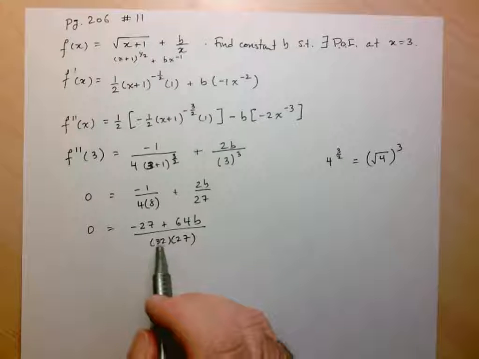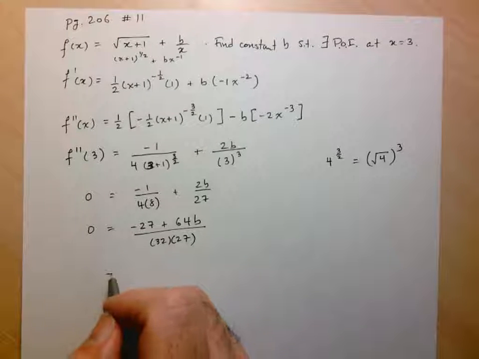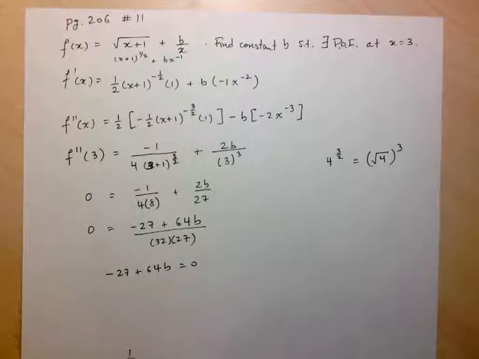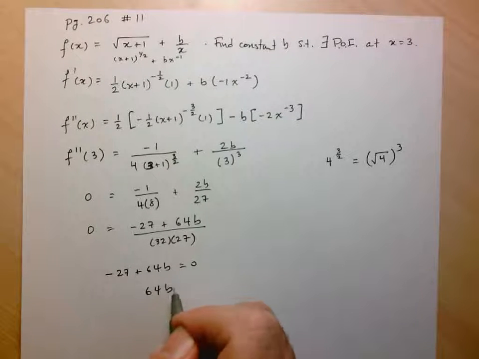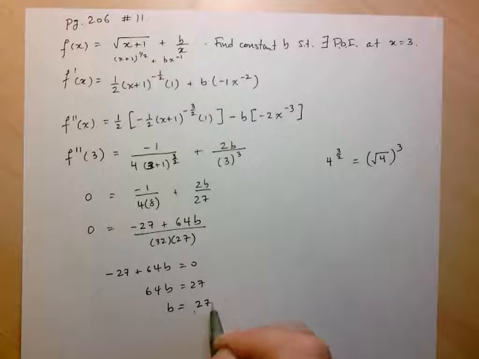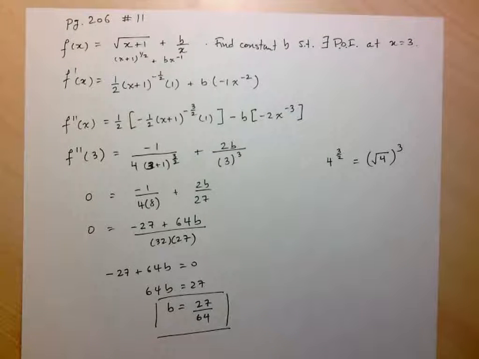I know for this fraction to be 0, the numerator has to be 0. So I need negative 27 plus 64b to be equal to 0, and so 64b is equal to 27, and so b needs to be equal to 27 over 64. And there's my answer.